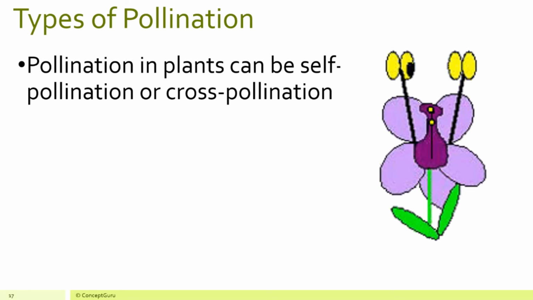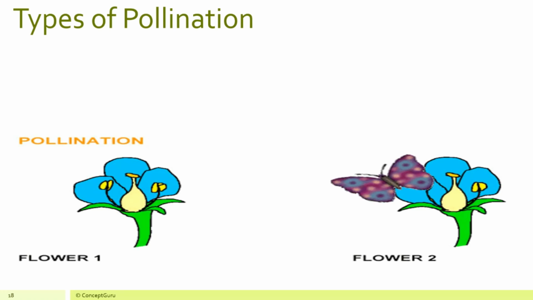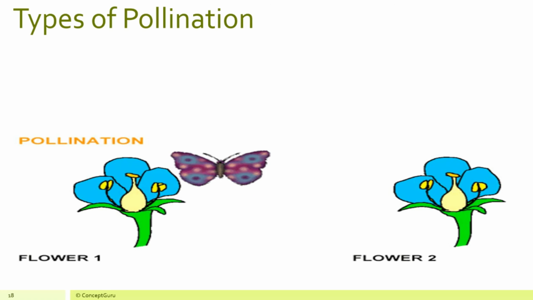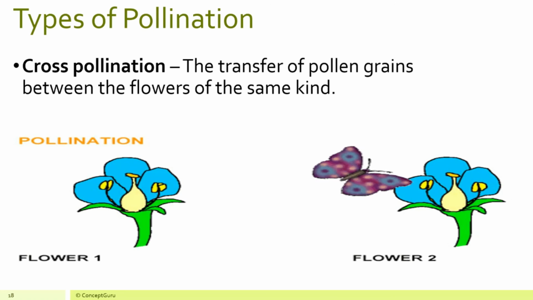Now, what is self-pollination? The transfer of pollen grains occurring in the same flower or between the flowers of the same plant is called self-pollination. So, what would be cross-pollination? The transfer of pollen grains between the flowers of the same kind is cross-pollination.